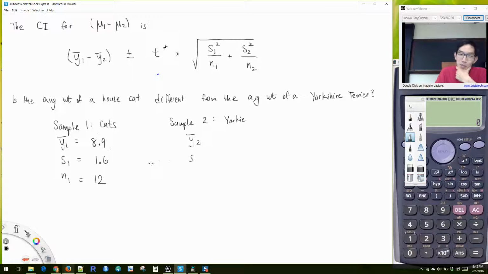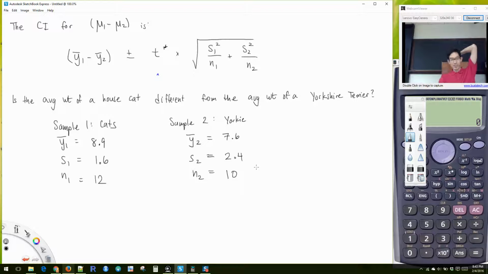And I know some cats are like 15 pounds also, so we're just going to make up numbers. We'll say 7.6 pounds, and the standard deviation will be 2.4, and we'll take a sample of 10.